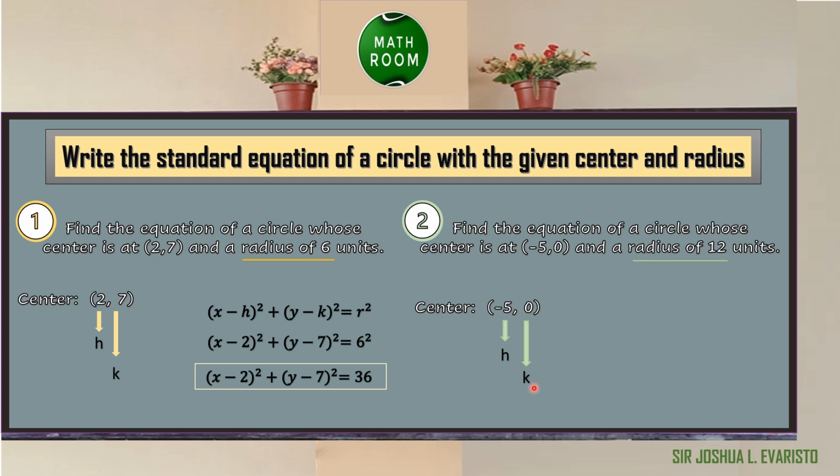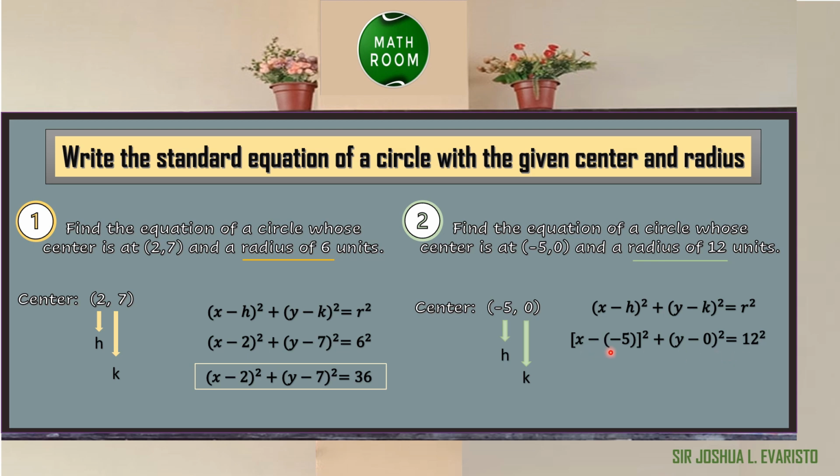Since the center is not on the origin, we will use x minus h quantity squared plus y minus k quantity squared is equal to r squared. Then substitute the given values. So we have x minus negative 5 quantity squared plus y minus 0 quantity squared is equal to 12 squared.